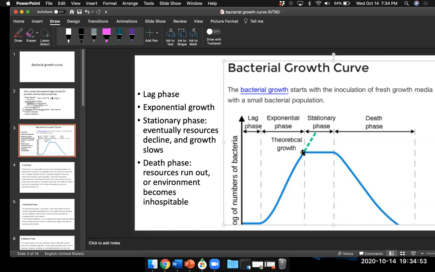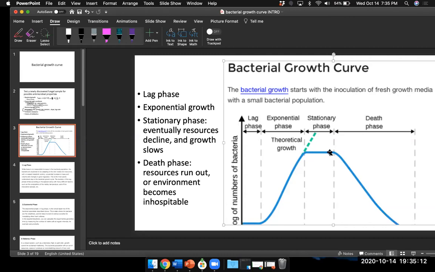So they get these cues, well, we're starting to run a little low on food. We're starting to change the pH a bit. And so they slow down and they will just divide slowly at a rate that's equal to the death rate.